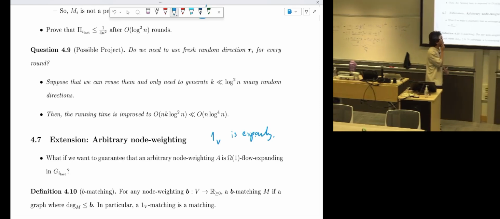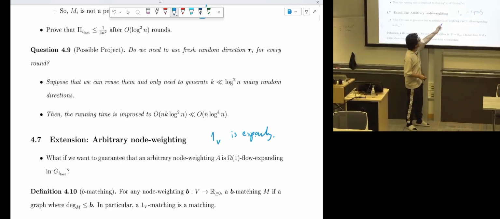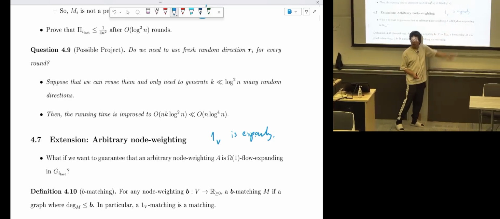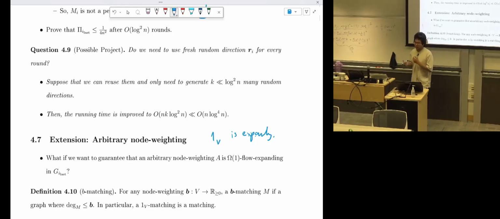What if we want to guarantee something else which is not all one? What if we want to guarantee that a node weighting A is expanding? Some other node weighting that's not one. Okay.